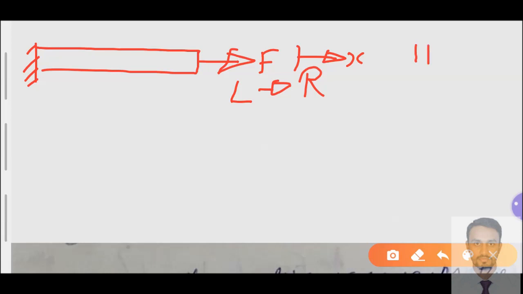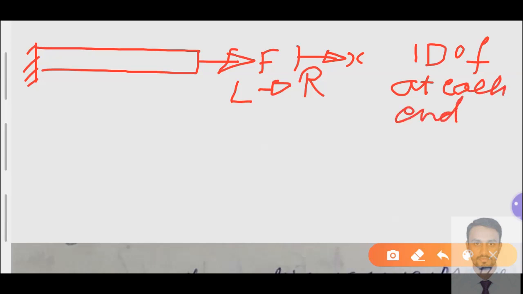It has 1 degree of freedom at each end. End means node. So how many nodes do we have? 2 nodes. In the FE model, when we convert it into 2 nodes, node number 1 and node number 2, joining node 1 and 2, we get an element. Each node has a single degree of freedom.